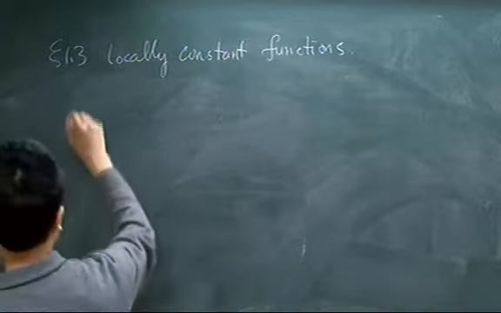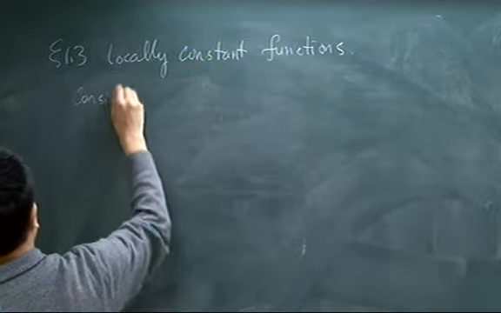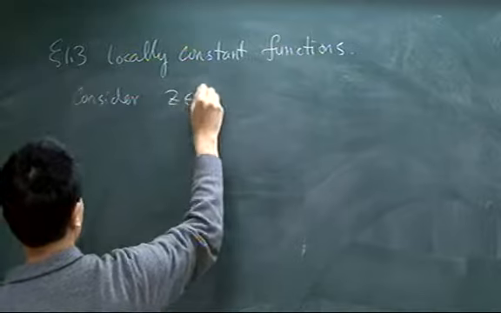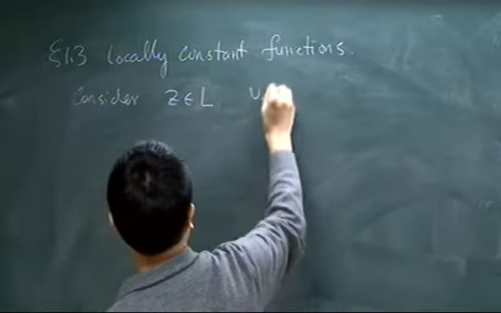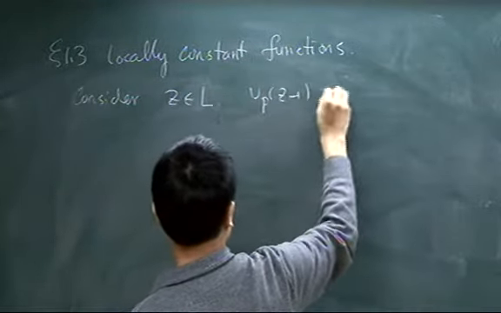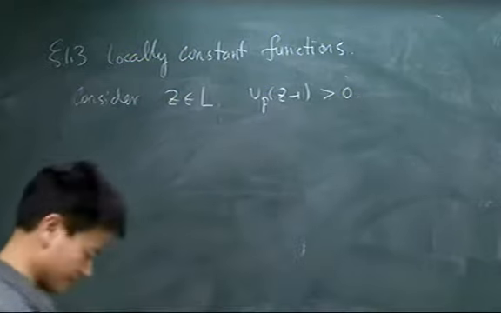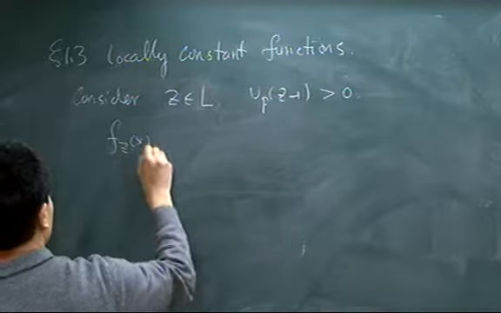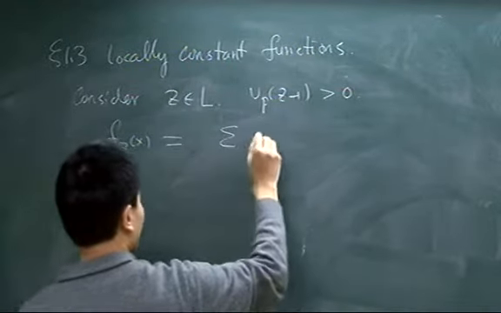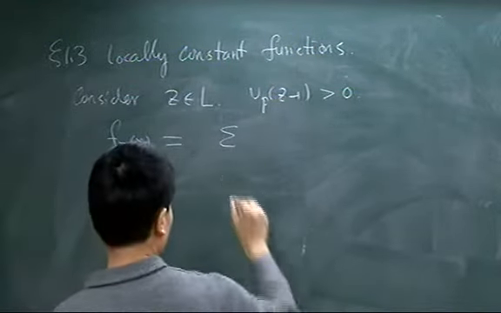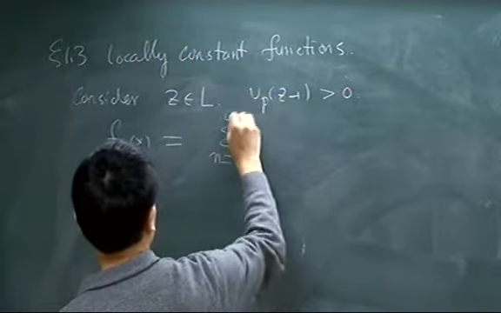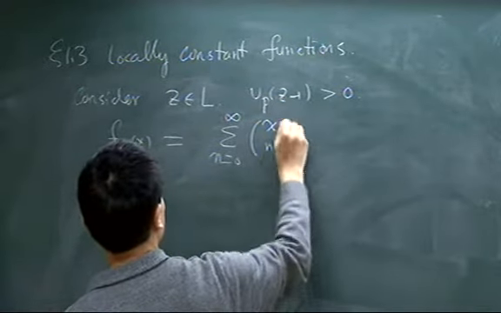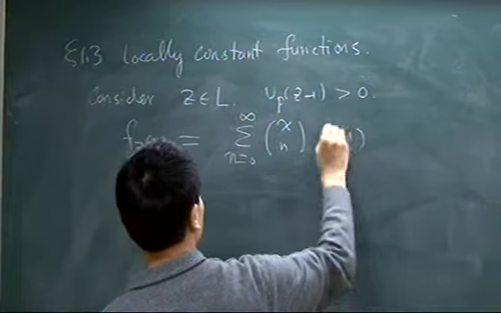So first let's consider z contained in L, with valuation of z minus 1 bigger than 0. Let's consider this function f_z of x, the sum of binomial x choose n times (z minus 1) to the power n.